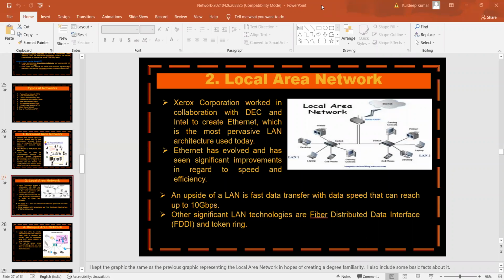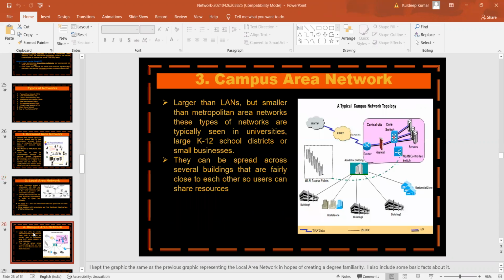LAN is a computer network that covers a relatively small area, within a building or a campus, a few kilometers in size. It is also a type of campus area network. LANs are generally used to connect personal computers and workstations in a company office to share common resources like a printer and exchange information.